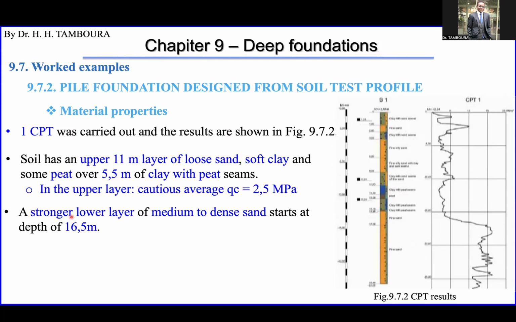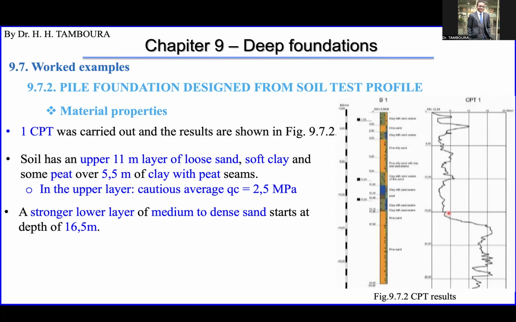That dense sand is a strong layer, and it doesn't mean the thickness is 16 meters. It starts at a depth of 16.5.